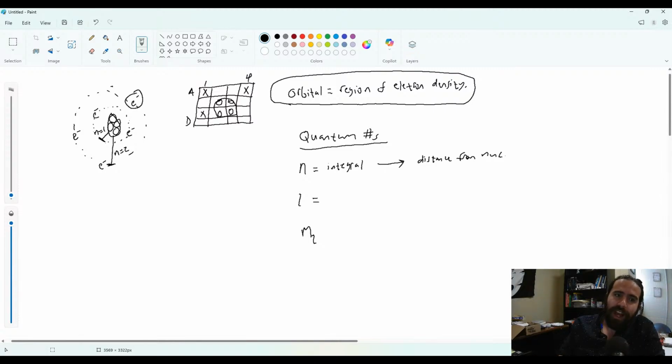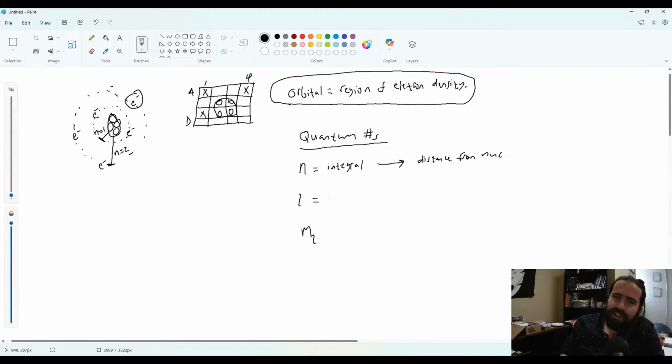So as your n value increases, you start to unlock different shaped orbitals. I drew a little sphere right here, but as the n value increases, you're going to have different shaped orbitals. Instead of a sphere, you have something else like a dumbbell or a clover or what have you. We're going to unpack that in a second. But that's what the L value is referencing.